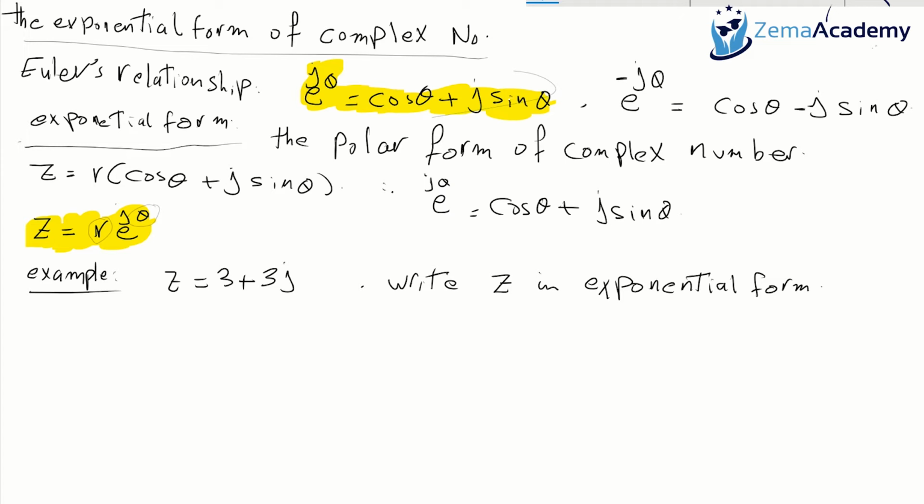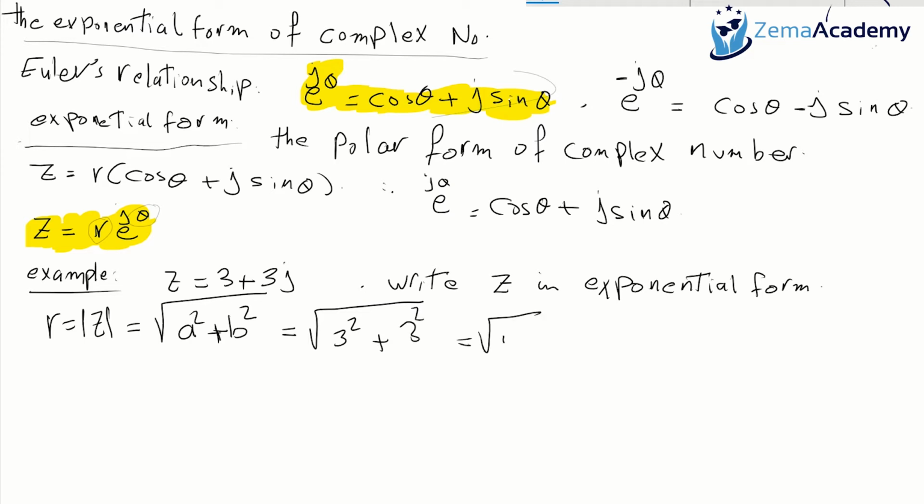So you end up with r to identify, which is the modulus of the complex number. And if you remember, it's the square root of a squared plus b squared, correct? And a squared is simply 3 squared plus b squared, which is 3 squared, which is the square root of 18.